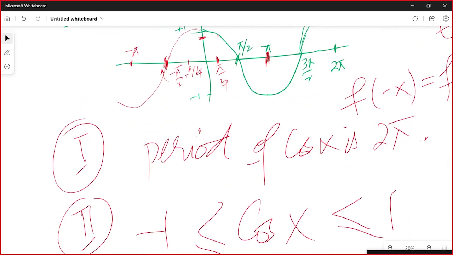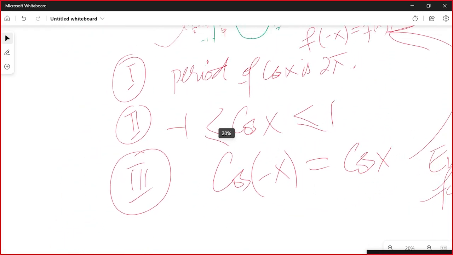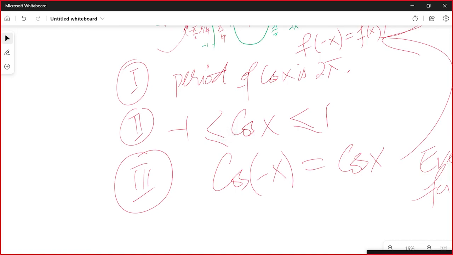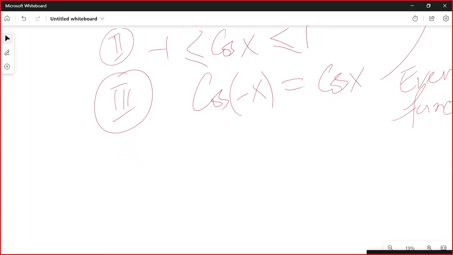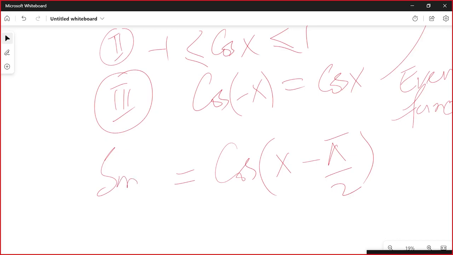So that brings us to another relation. Normally, if you push to the right side, we put a negative sign. So if cos x is pushed 90 degrees towards the right, this is equal to sin x. That is one relation, very nice.